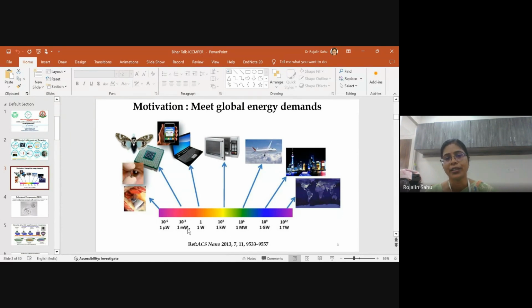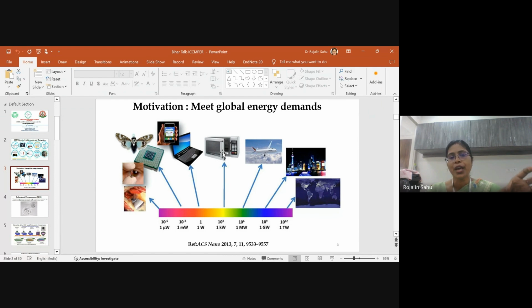We know that a mobile phone requires 1 watt, and similarly an oven requires 1 kilowatt. 1 gigawatt of energy is required to power a city, and 1 terawatt to power a continent. We can't provide that amount of energy, but a small amount of energy can be generated from the environment to power these small electronic devices.